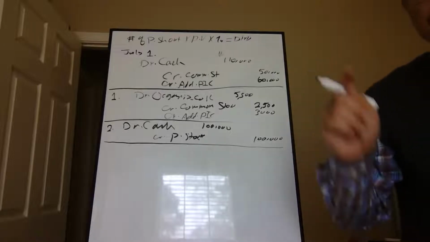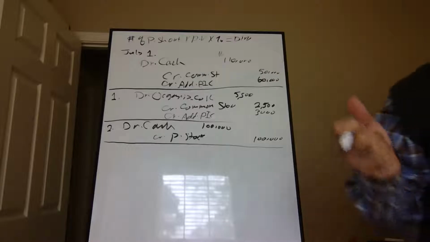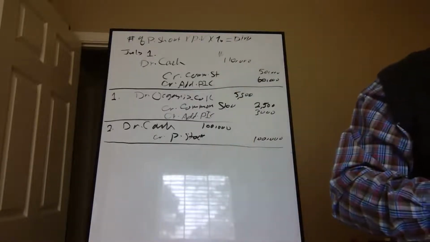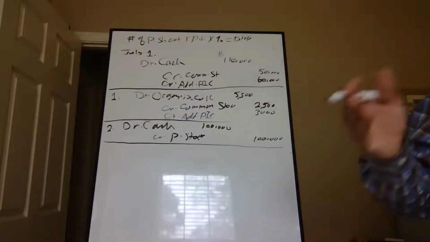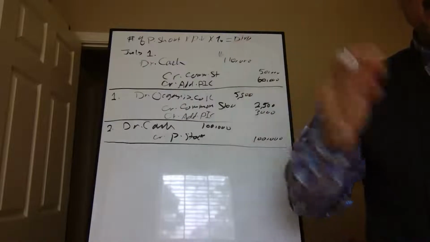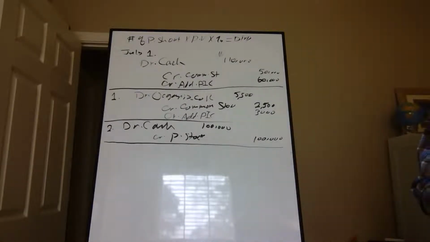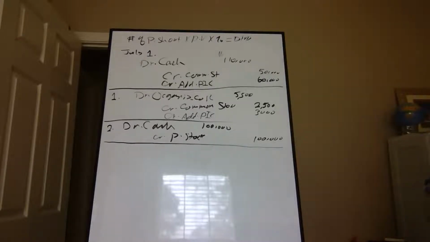So the value of the land is $30,000. The land is worth 35, but management decided to use the market value per share, which is $12.